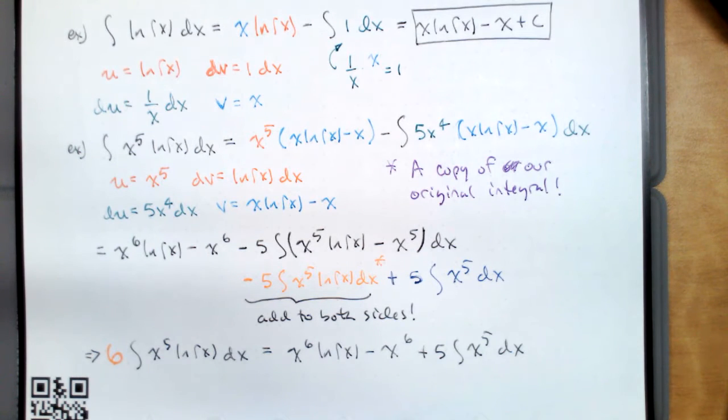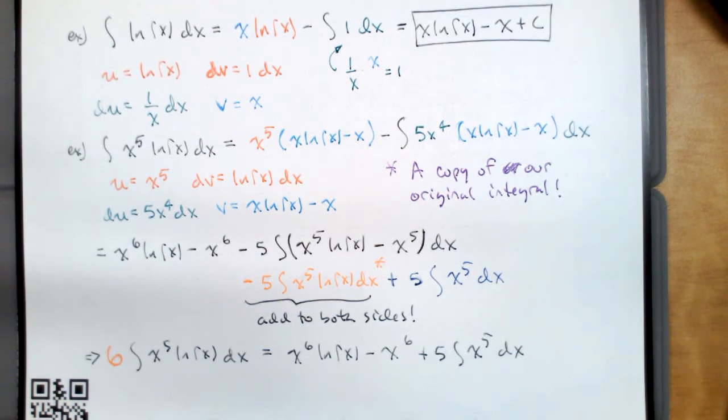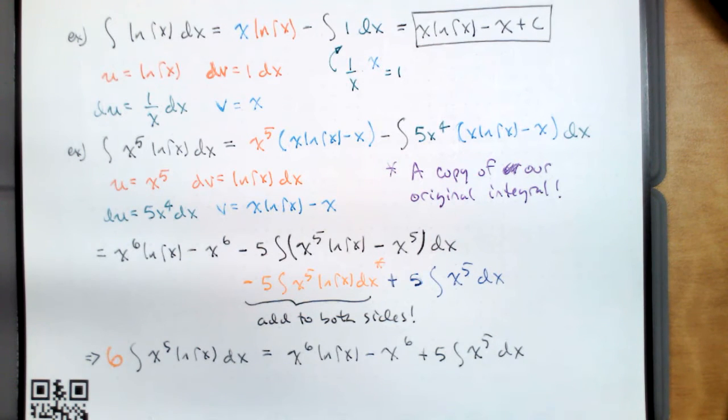A copy of the original integral shows up on the right side. Your strategy is to gather like terms. Take the integral, that's the original integral. It's minus 5 copies of the original integral. Just add that to both sides. We have 6 copies. Now I just have to finish the actual easier part of the secondary integral, the x to the 5th, and then divide by 6. I've got 6 integrals of x to the 5th natural log of x. I'm looking for how much is 1. So we'll just divide by 6.